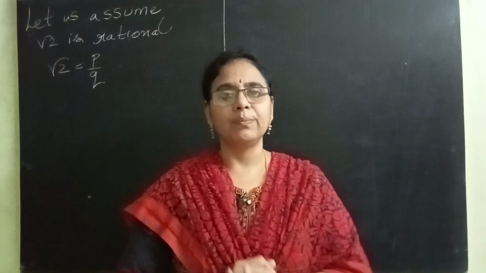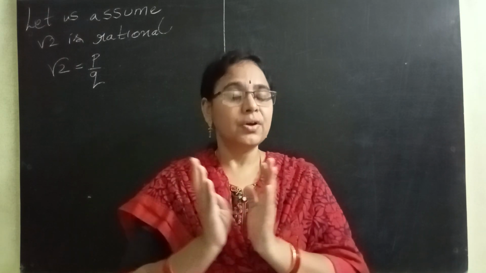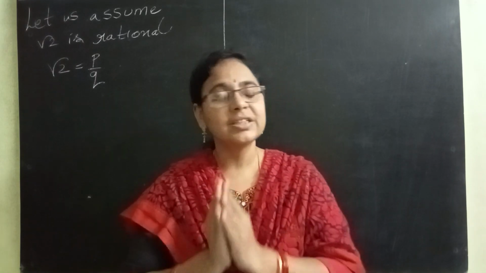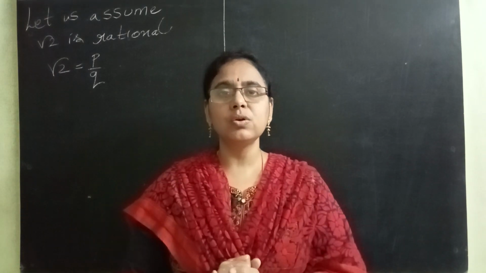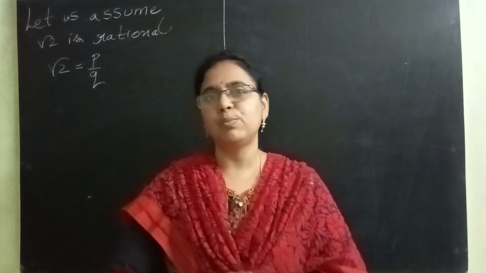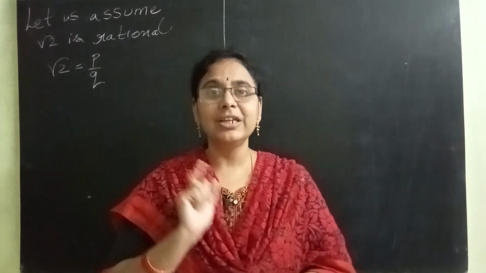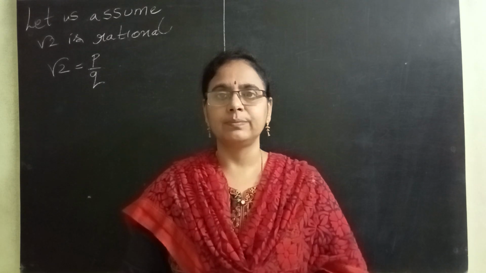Clear? So remember, rational numbers mean numerator and denominator belong to integers, denominator not equal to 0, and they must be co-primes, that is, they have only one as a common factor.